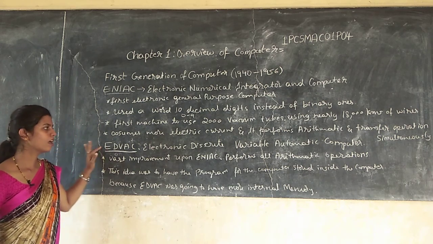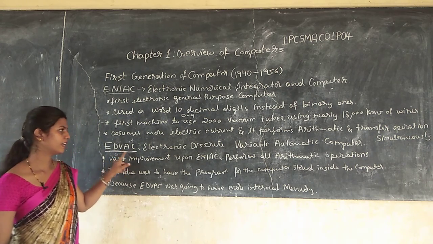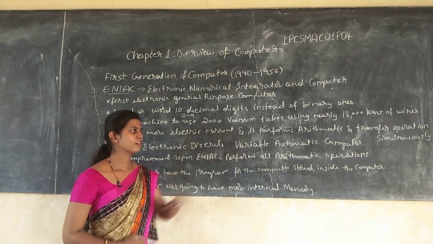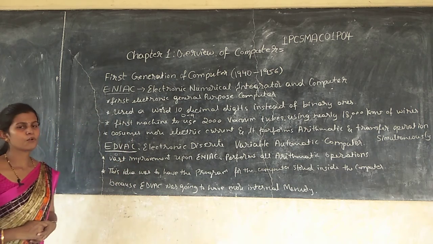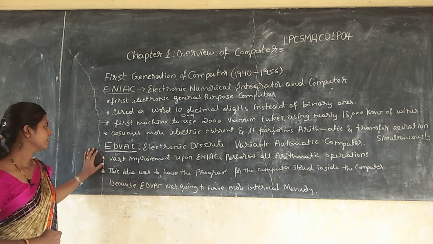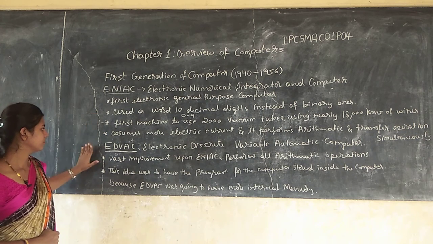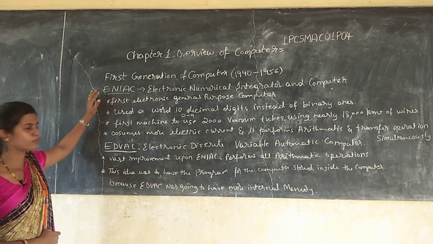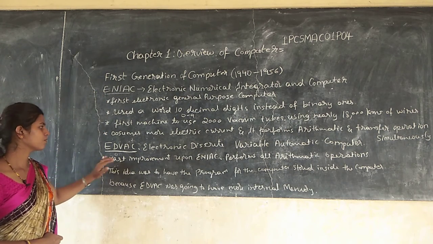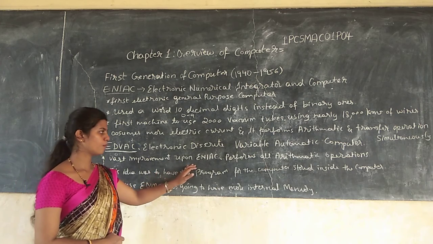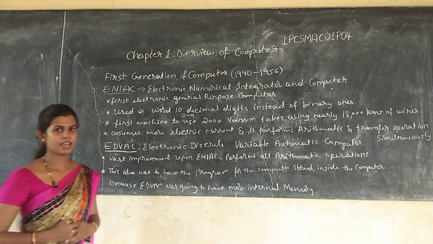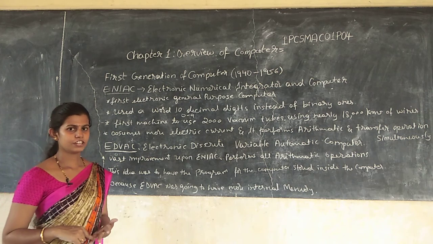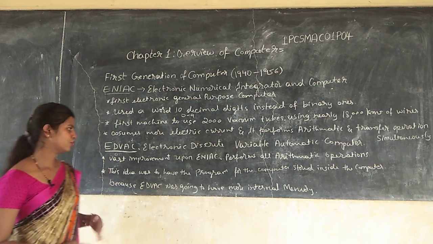EDVAC stands for Electronic Discrete Variable Automatic Computer, and it is a vast improvement upon ENIAC. It is an advanced version of ENIAC, and it performs all the arithmetic operations like multiplication, addition, subtraction and division.